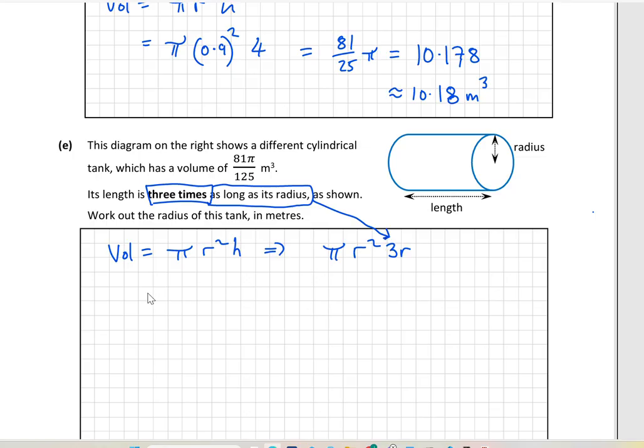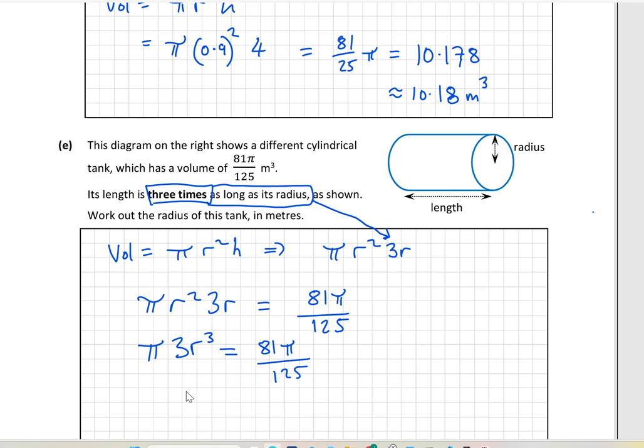So pi r squared 3r equals 81 pi all over 125. I can say 3r cubed here, because when I multiply 3 by r squared, I get 3r cubed. I leave the pi there for now, equals 81 pi all over 125.